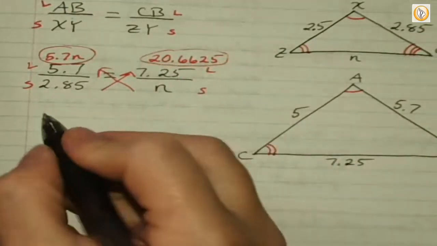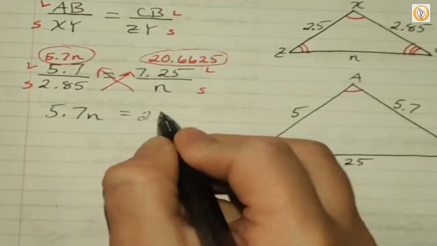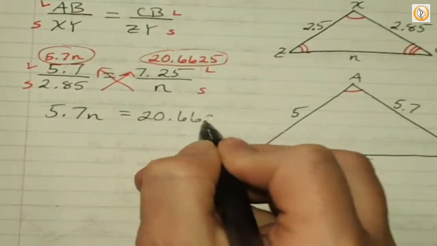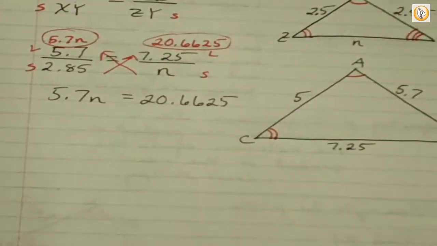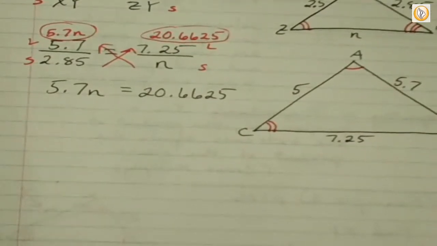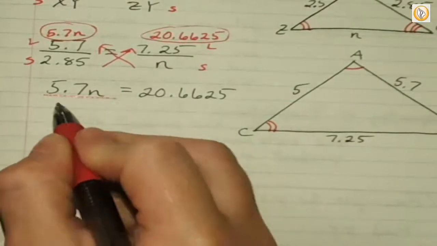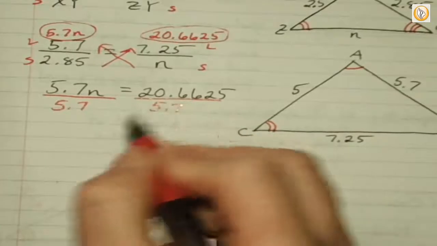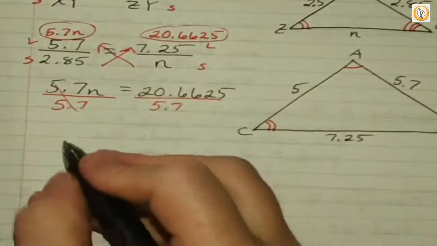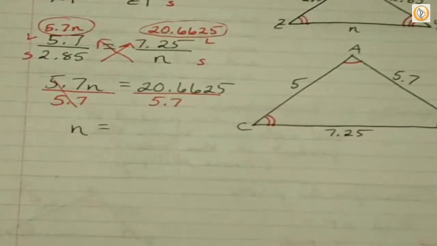Okay, so now I have 5.7n equals 20.6625. Y'all see that? Now we divide both sides by 5.7. And then raise your hand when you get an answer.